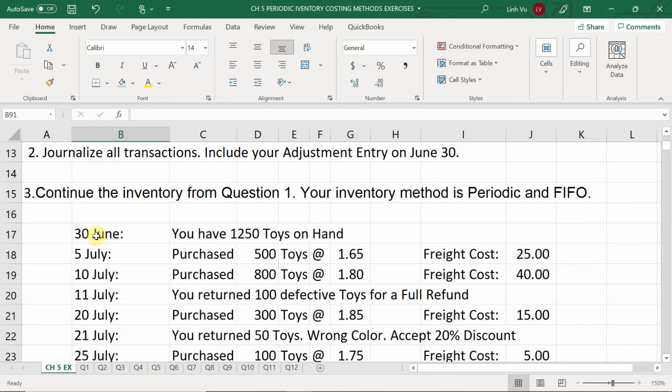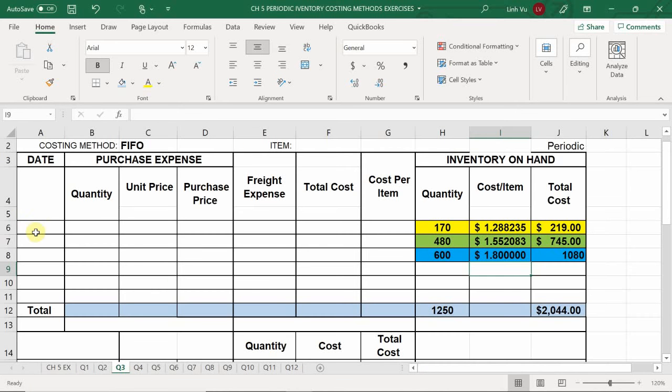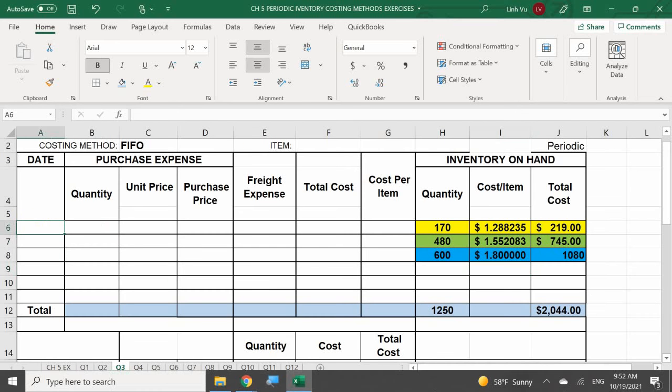So 500 units at $1.65 with the freight of $25.